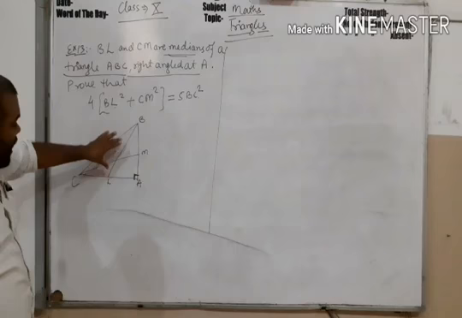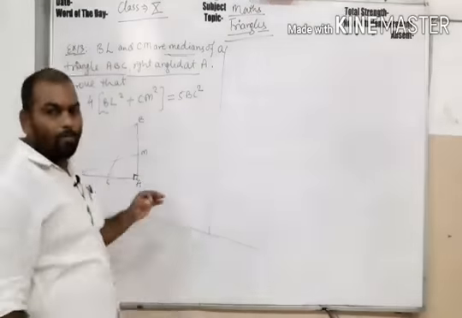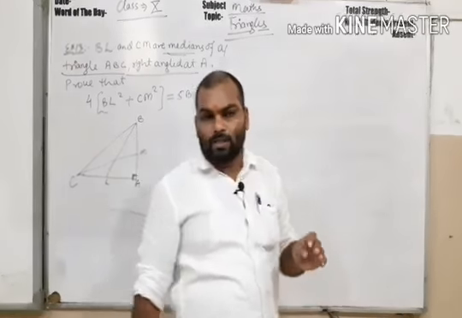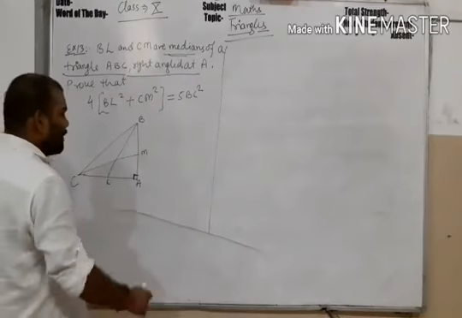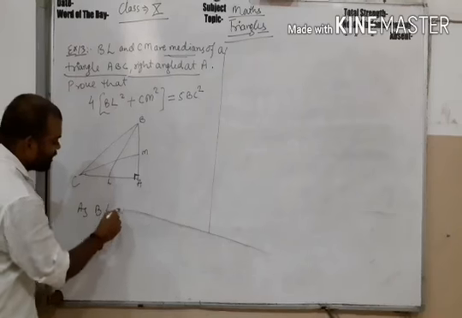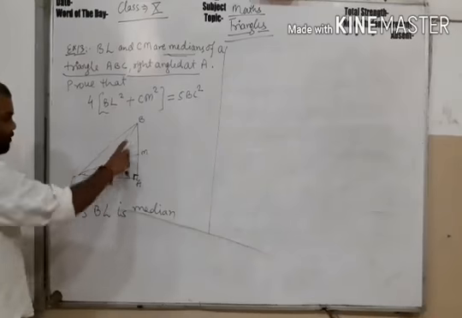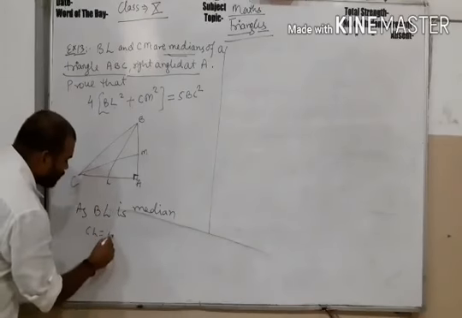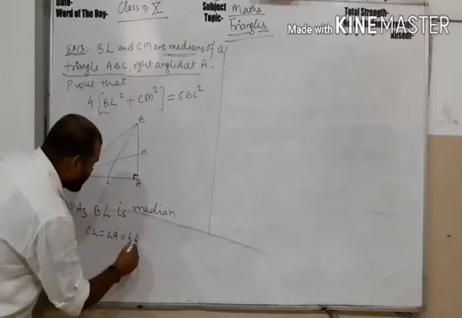First, as BL and CM are the medians, the property of medians is that it divides the base into equal parts. Now that means as this BL is median, so CL is equal to LA, which is equal to half of AC.